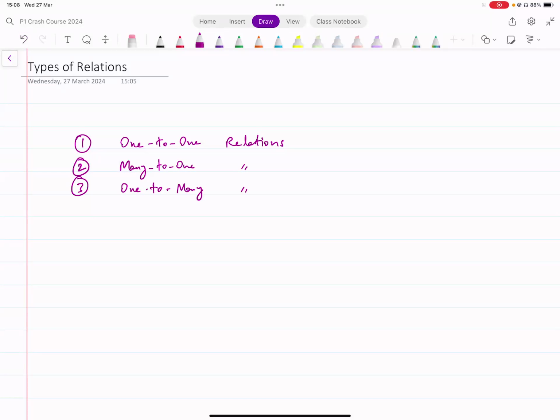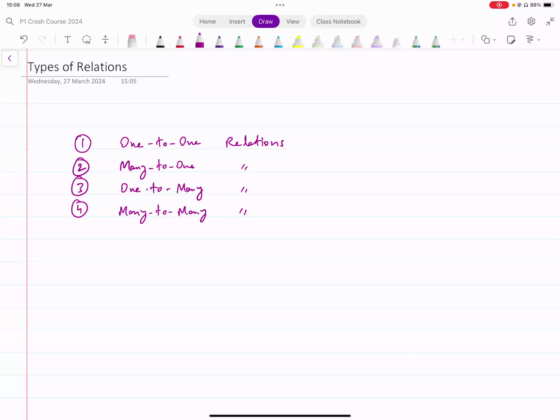One-to-many relations. And then number four, you have many-to-many relations. You have these four types of relations: one-to-one, many-to-one, one-to-many, and many-to-many. Okay, these are four types of relations that you will be dealing with.